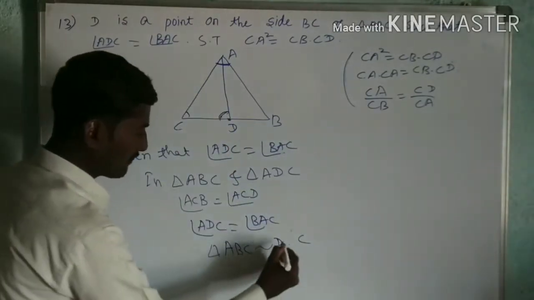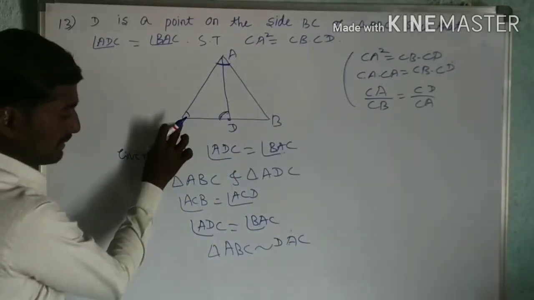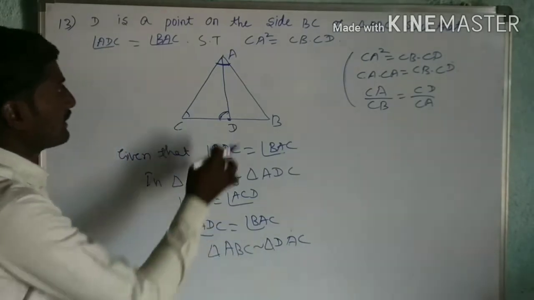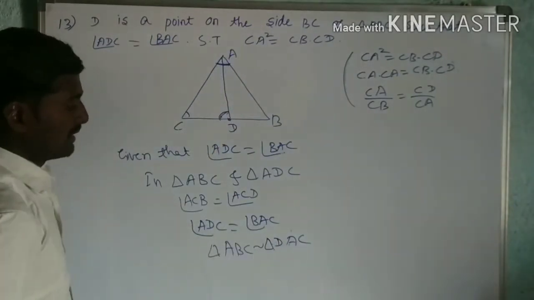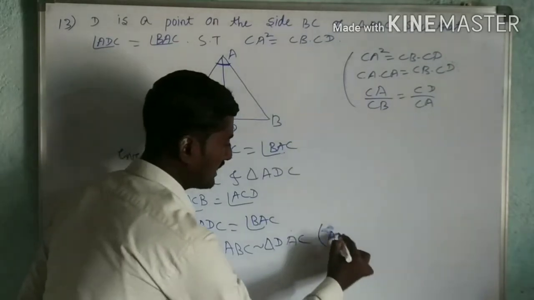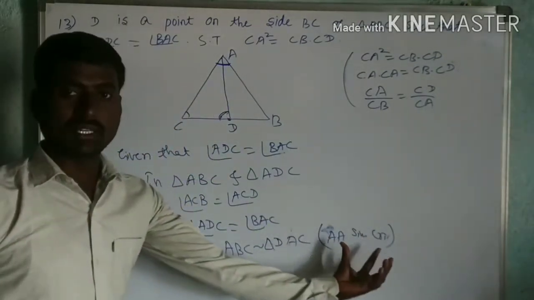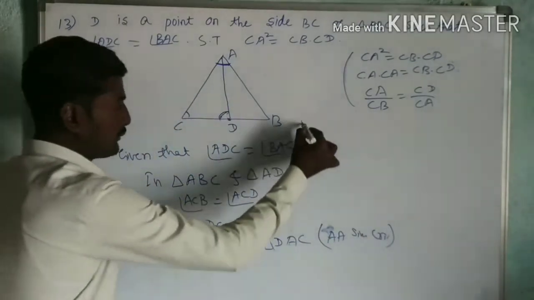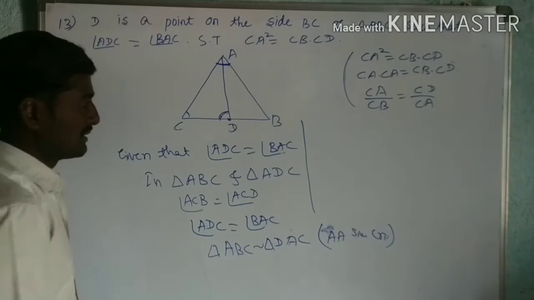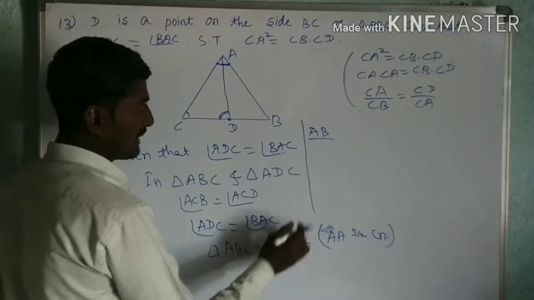Remaining is A. So triangle ABC is similar to triangle DAC, by the AA similarity criterion. Now, if two triangles are similar, then their corresponding sides are in the same ratio, or proportional, meaning AB divided by AD.